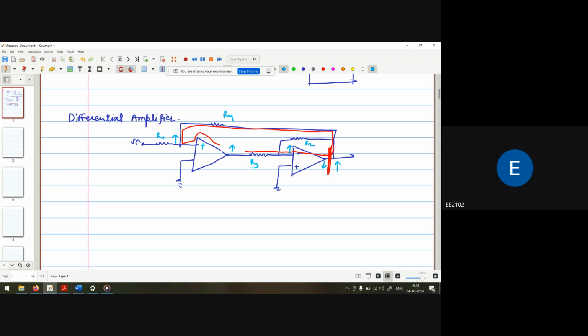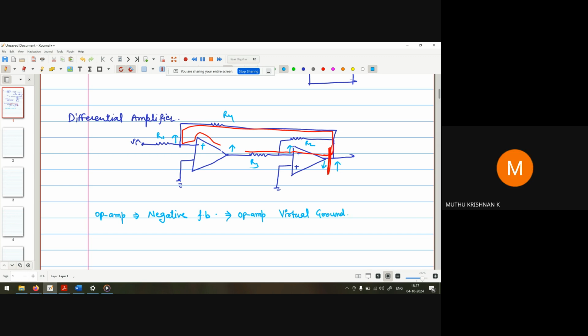Now, when we go to the operational amplifier, my loop is the negative feedback. To solve this type of feedback, our consideration is that the operational amplifier works on the virtual ground concept.